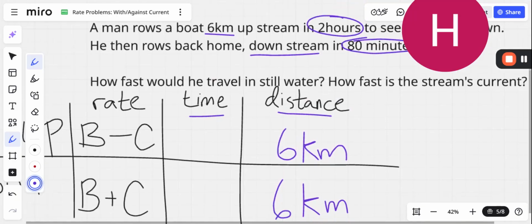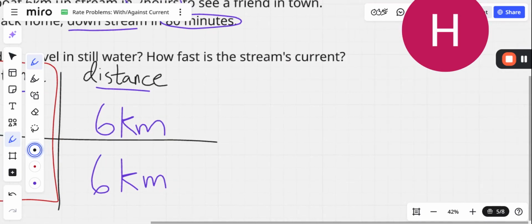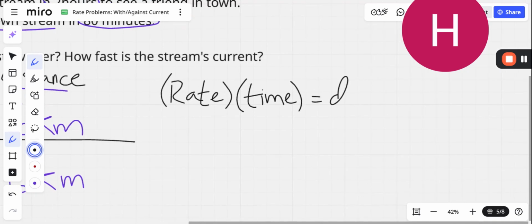So what we need to do is figure out how we represent the time. Well, if we use the rate times time equals distance equation and manipulate it even further, we figure that the time is equal to the distance over the rate.